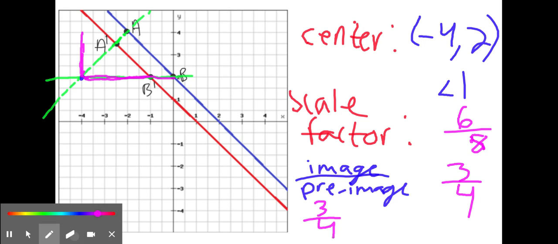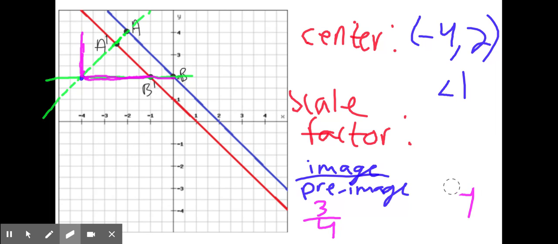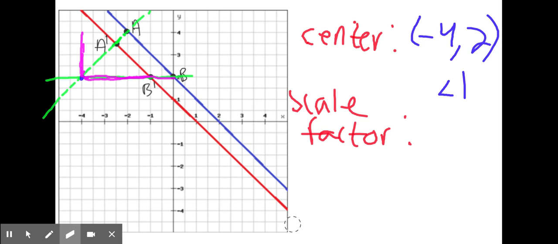Okay. So now that we have all that, I'm going to just practice real quick writing the equation of a line. So I'm just erasing this and then I'm going to rewrite the scale factor for us momentarily. And I just want us to practice writing the equations of our lines.